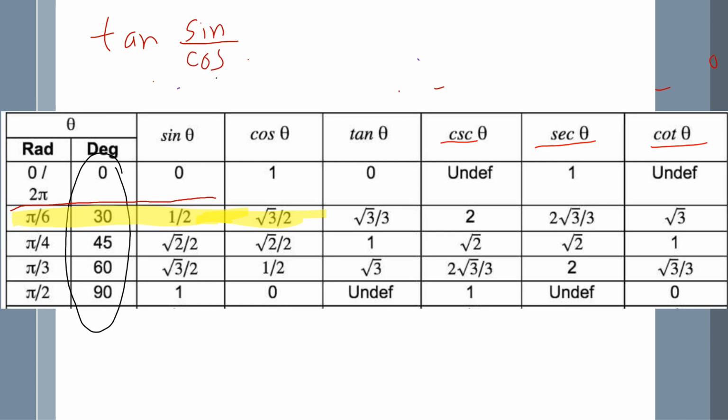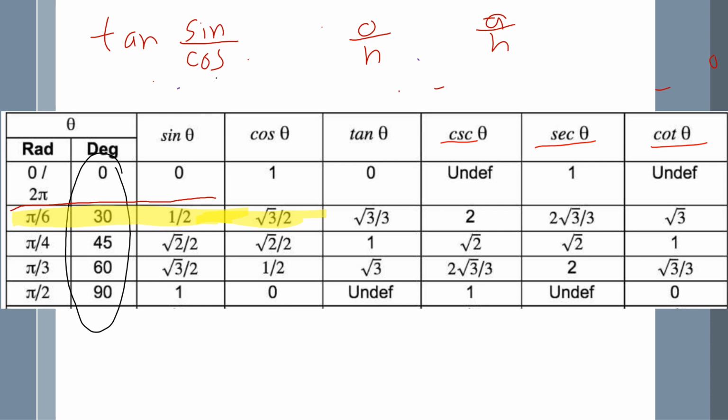Where did this come from? Let's go back and do what we did in class earlier with tangent. Sine is opposite over hypotenuse, and cosine is adjacent over hypotenuse. We know those trig ratios.